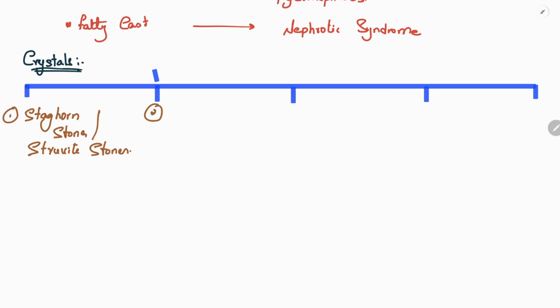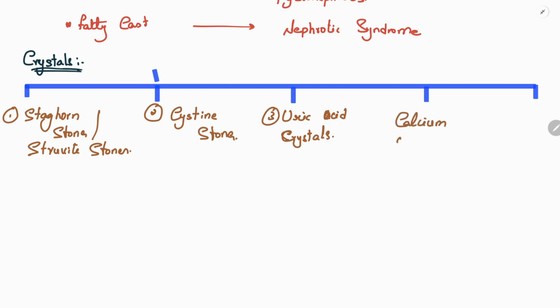Second one is cystine stones. Third one is uric acid stones or crystals. Fourth one is calcium oxalate stones. And the last one is ammonium urate stones. So these are the kinds of stones or crystals that you can observe in urine examination.